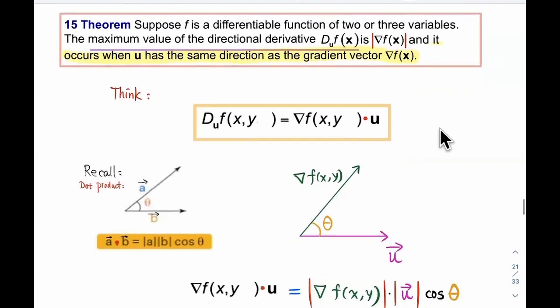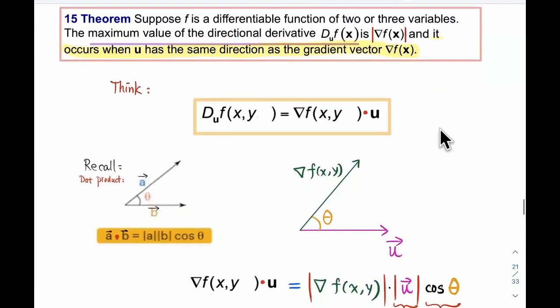Now, I give some reasoning down here. So what's the reasoning? The directional derivative of the function in the direction of u, I always feel that color coding makes it easier, is the dot product of the gradient vector with u. Remember, it's the dot product.